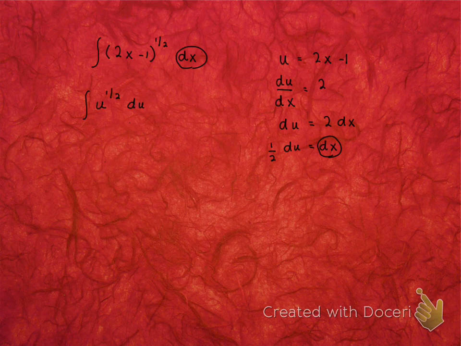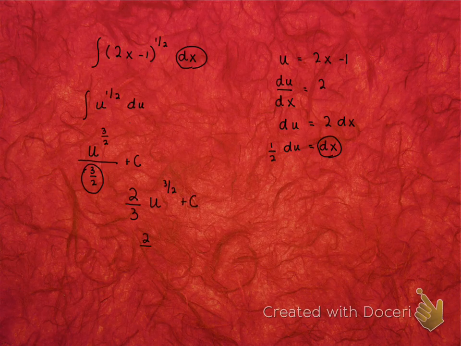So the antiderivative of u to the 1/2, remember we're going to add 1, which is adding 2 over 2, would give us u to the 3/2 over 3/2. And that bottom 3/2 is going to come out front, flip upside down, and this is now what we have.